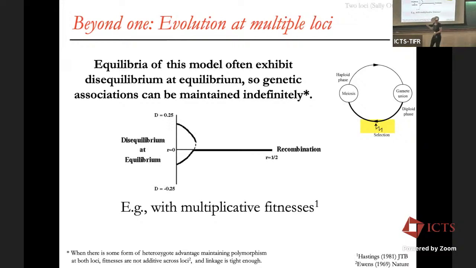And one little weirdness is that the one model that does not have any linkage disequilibrium at equilibrium has additive fitnesses across loci. That is, W big A big B, any of them, is the average of the fitnesses expected at the two loci. This is called an additive fitness regime.